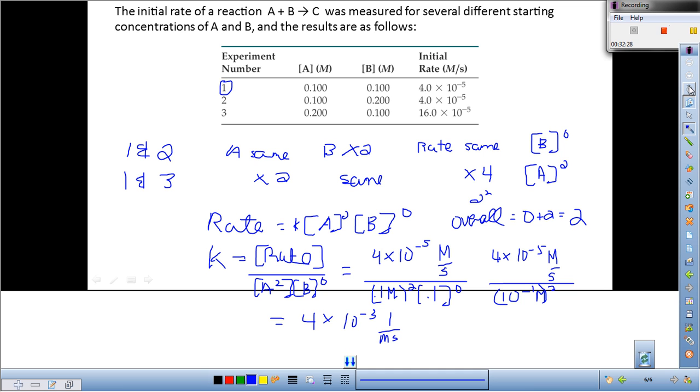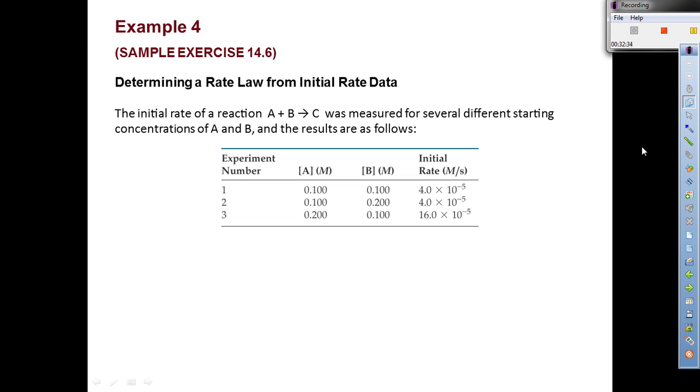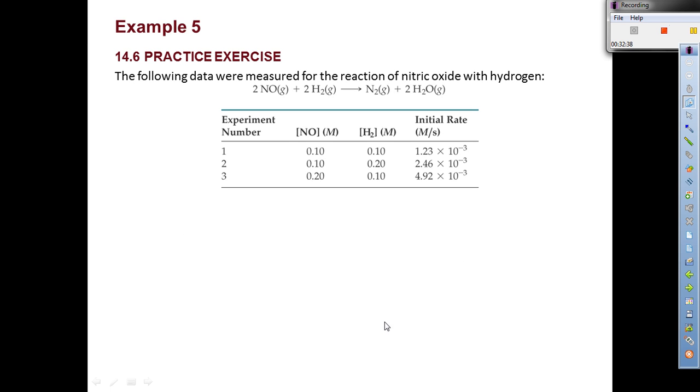Alright, one more example. Make sure you guys are doing okay on this. Alright, here we go. It says the following data is measured for a reaction of nitric oxide and hydrogen. So there's my balanced chemical equation. And they give me some data. There's the concentration of nitric oxide.